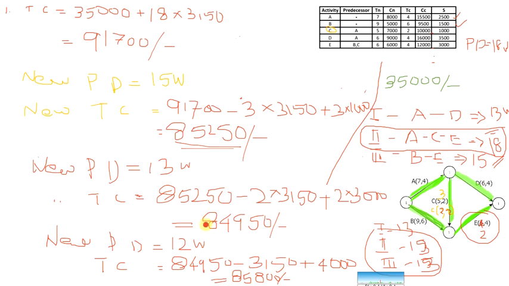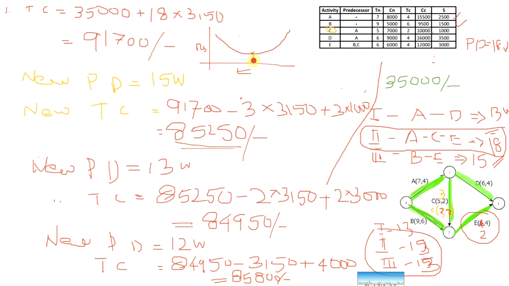Now you can see this is 84,950 and this is 85,800. That means the cost has increased. So when crashing, the variation will be like this. Here the cost will be minimum and this will be the optimum duration. This is time and this is cost in rupees.